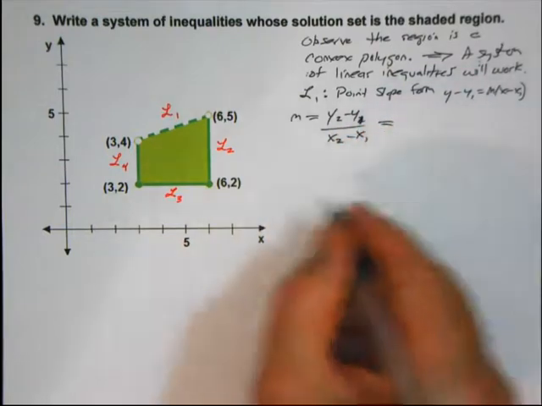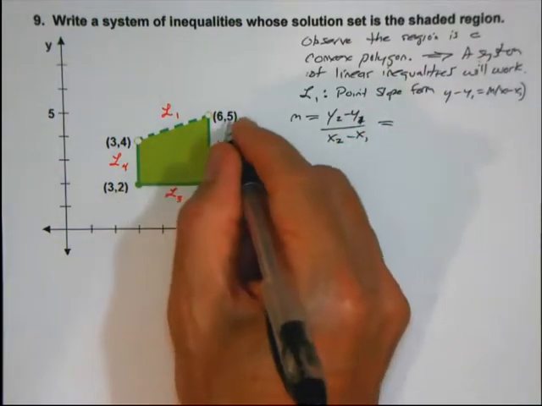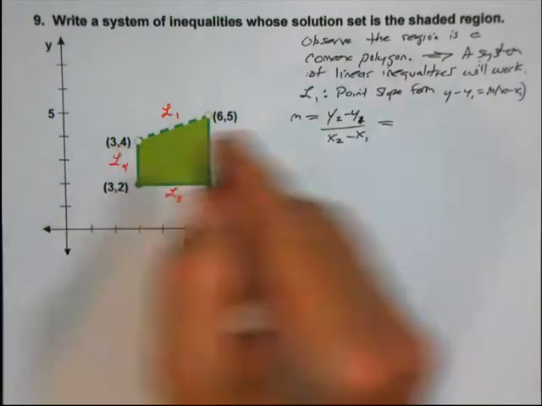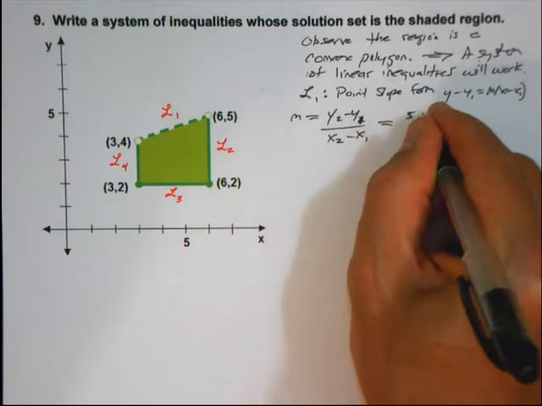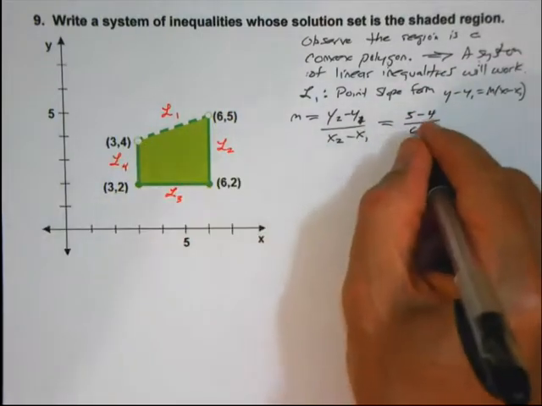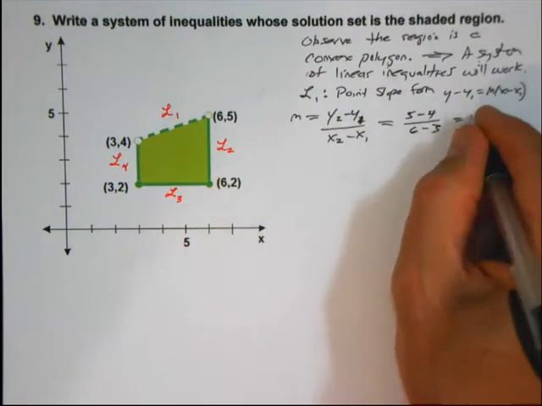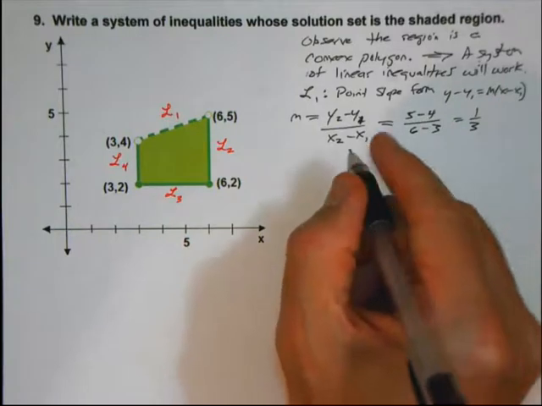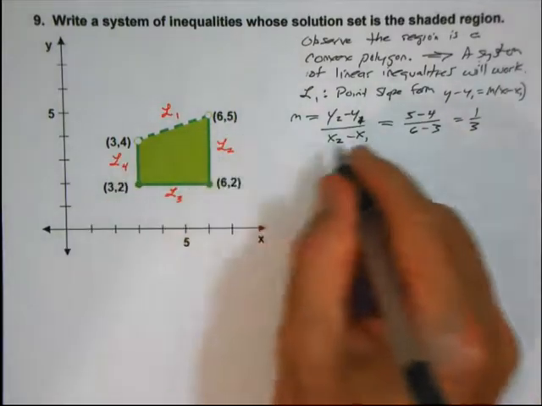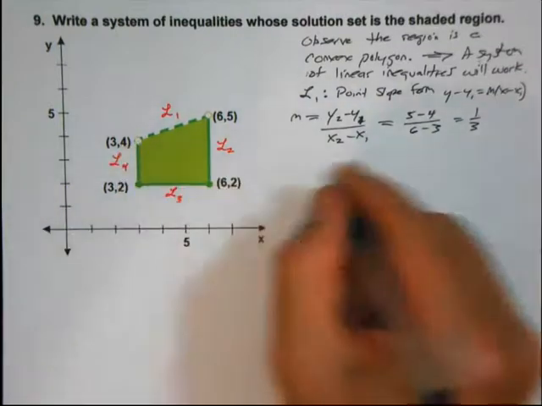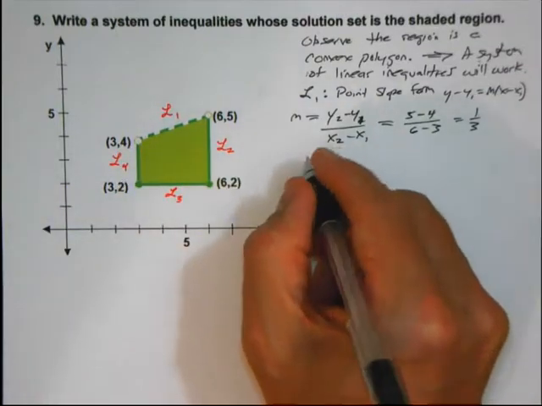In this case, I always call my right-hand point the sub 2. So we have 5 minus 4 over 6 minus 3. That will be 1/3. Now we have 2 points to choose from in filling in the rest of our point slope form. I suppose (3, 4) has the easier coordinates, so let's go with that.